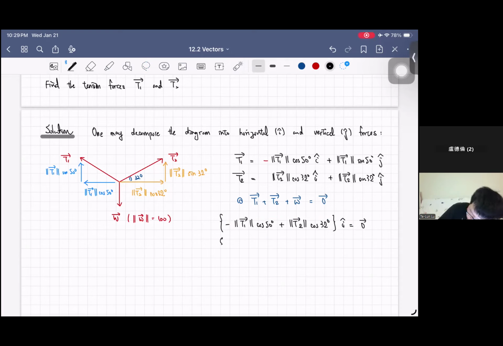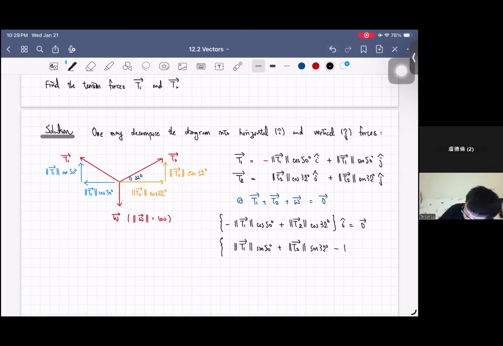Okay? And similarly, you have T1 going upward, sine 50 plus T2 cosine, oh sorry, it should be sine 50, sine 32.